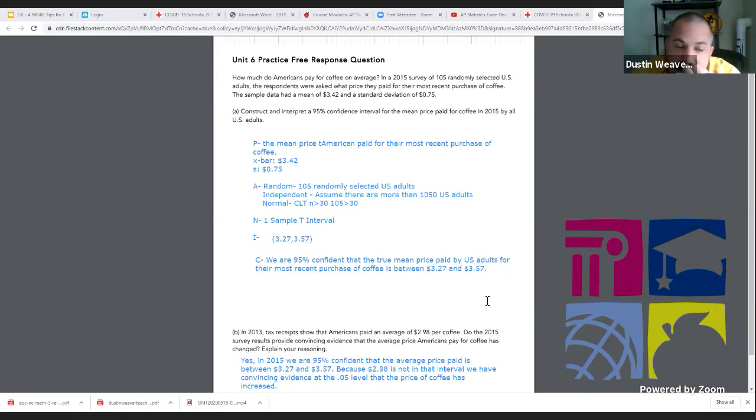You would also be looking at whether 0 is in the interval or not, because if we're looking at the difference between two proportions or the difference between two means, then we're looking at is 0 in the interval. If 0 is in the interval, then it's possible that there's no difference, so we cannot say that there's sufficient evidence that there's a difference.